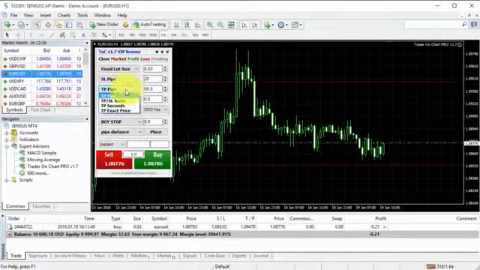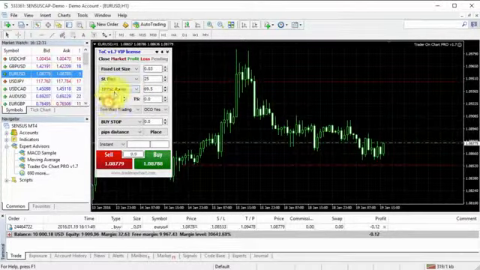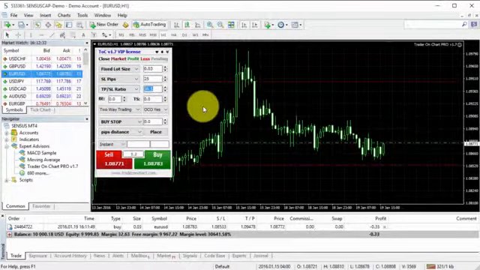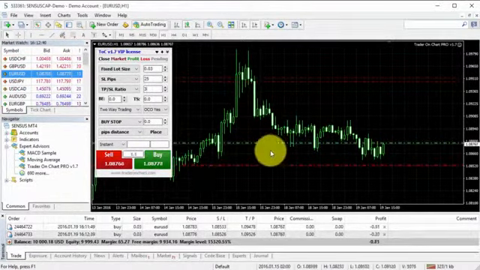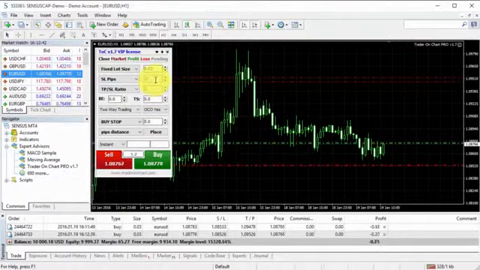So again, let's try another setting. Let's say we want a take profit ratio with a stop loss. So let's set it, for example, to 3. Now when I click the buy button, it will open another buy trade, but this time it will use the same stop loss of 25, but take profit will be 3 times bigger than the stop loss. So let's say I will set this to 0.5.